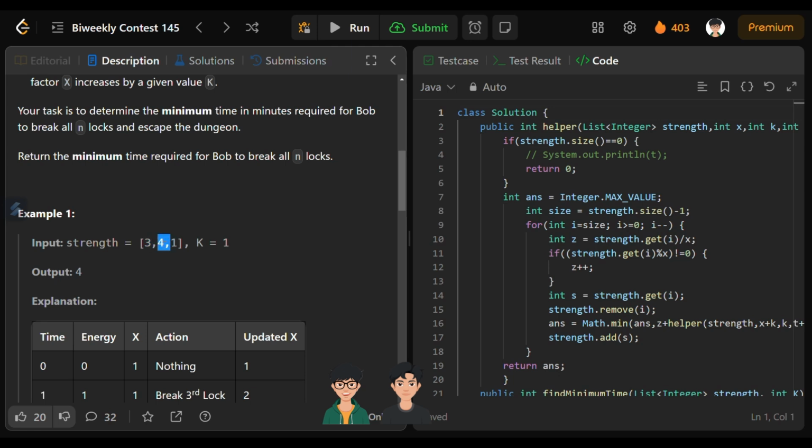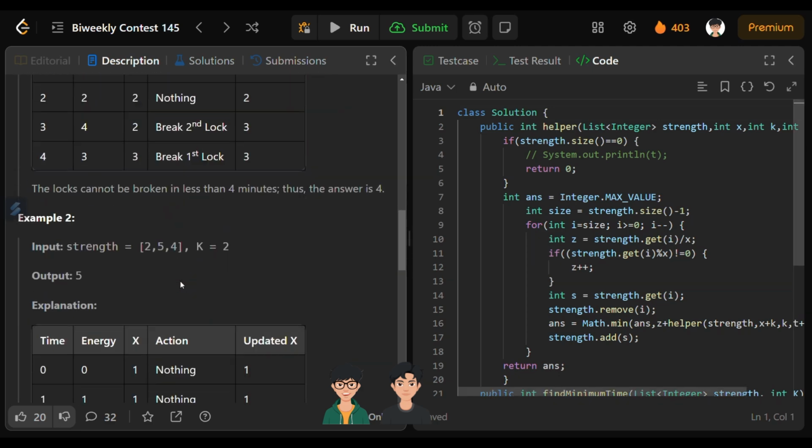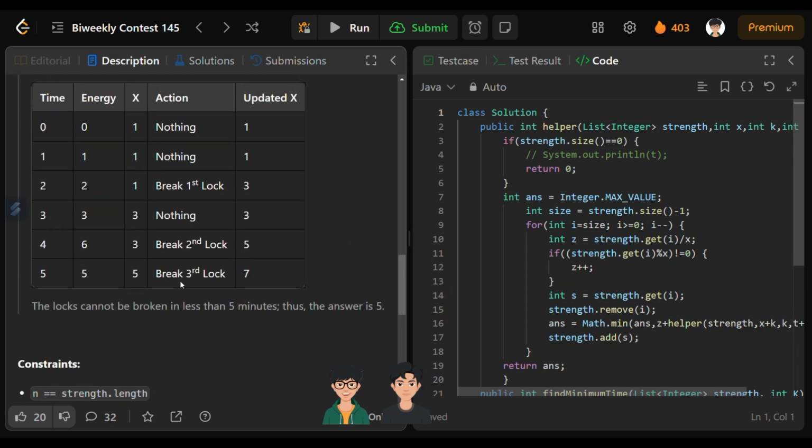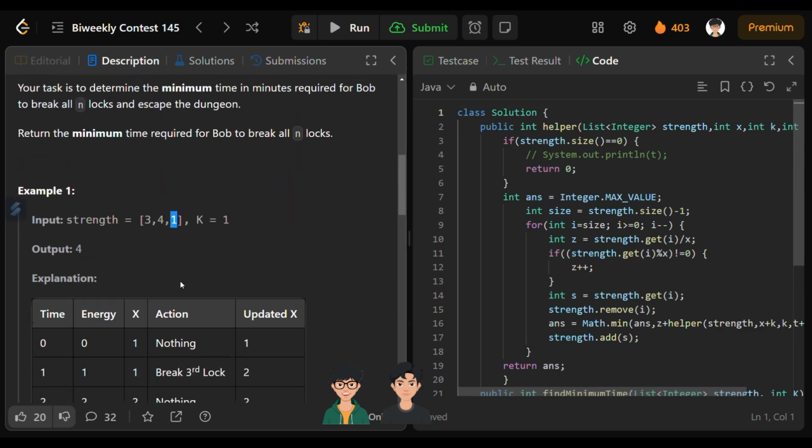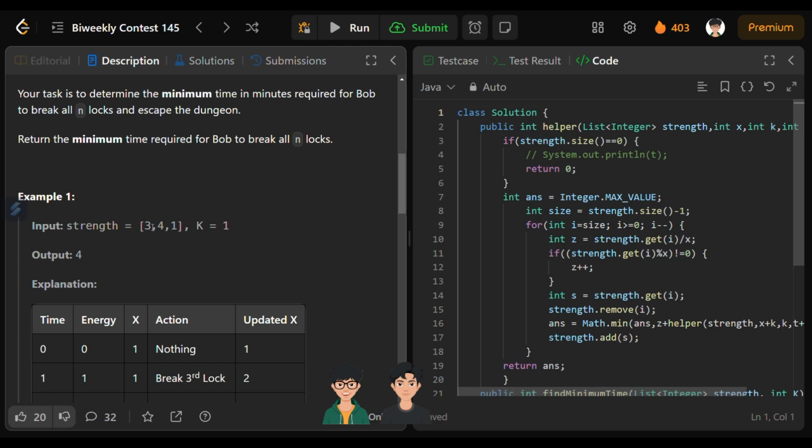So basically what we'll do, at the first we will try to take three, then we will also try to take four, also we'll try to take one. Now which will be the minimum answer that we will return? To understand it more clearly, let's suppose first we are breaking the lock 3.